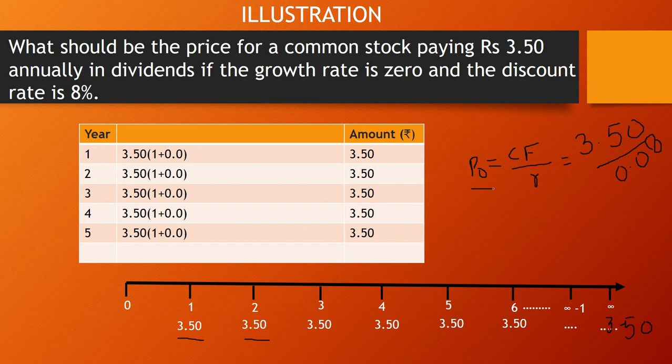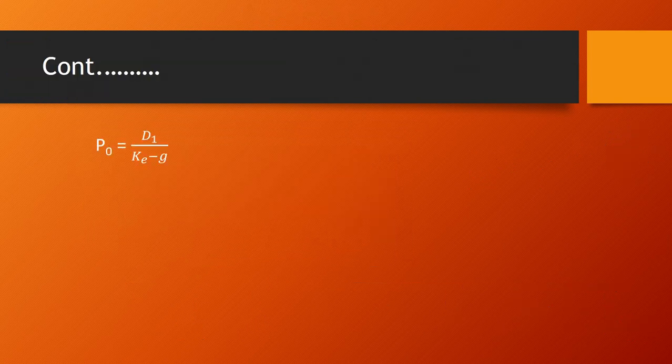Now let's go with the formula-based method. Since it is given that the dividend growth rate is 0, every year the growth rate is the same. So I can say this is a question of constant growth rate. The formula for constant growth rate is P0 equals D1 upon KE minus g.